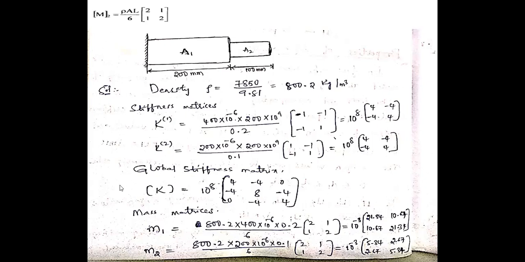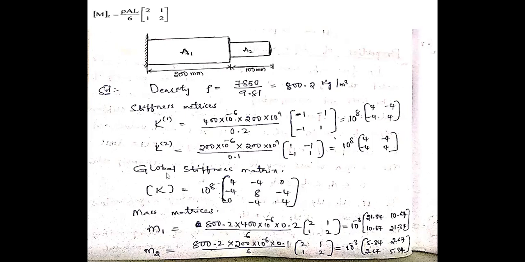The global stiffness matrix we got here is 10 power 8 into the 3 by 3 matrix [4 -4 0; -4 8 -4; 0 -4 4]. So this is the global stiffness matrix.